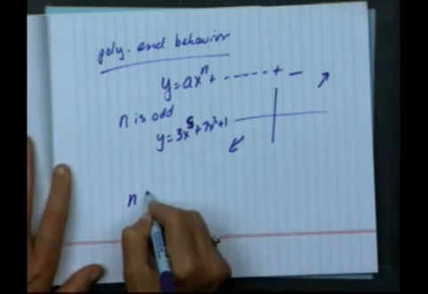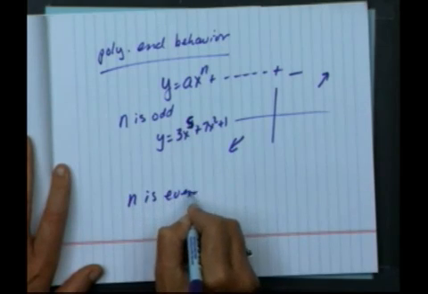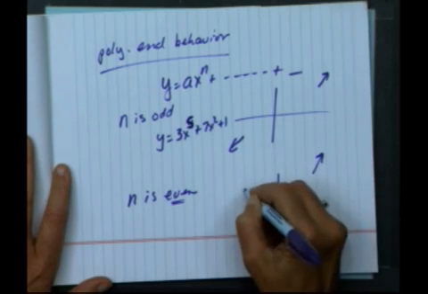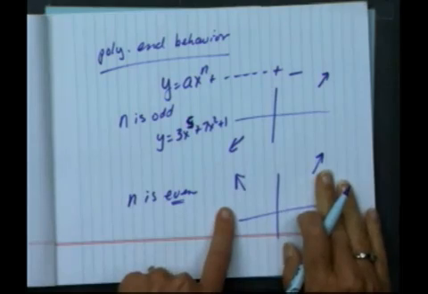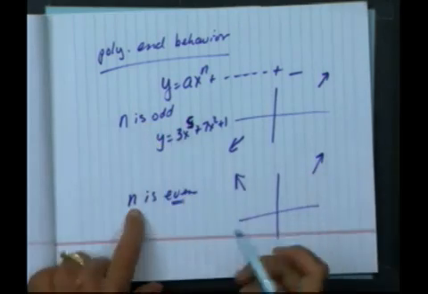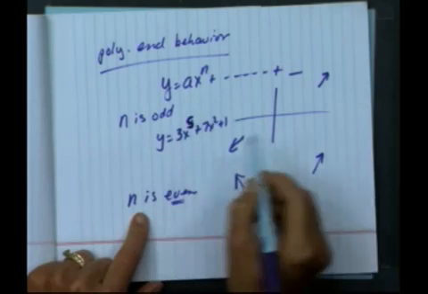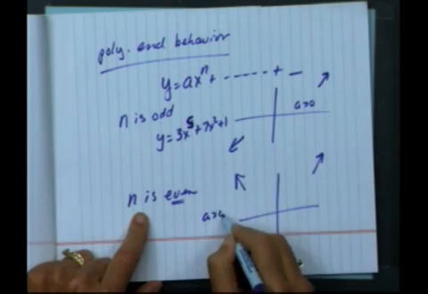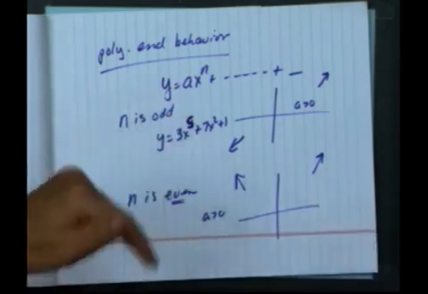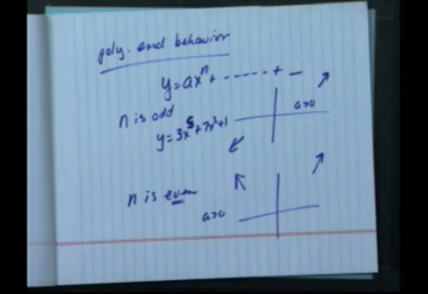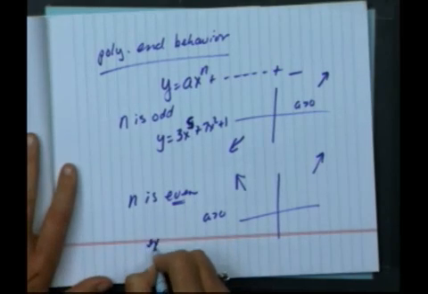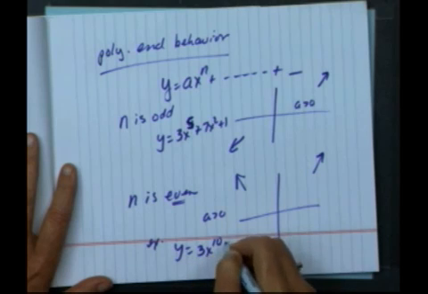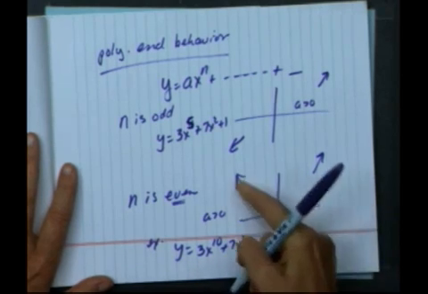If n is even, the ends are going to be going the same direction. They're both going to be going up if A is positive. If A is negative, they're both going to be going down. Okay, so the example might be y equals 3x to the 10th plus 7x squared plus 1.